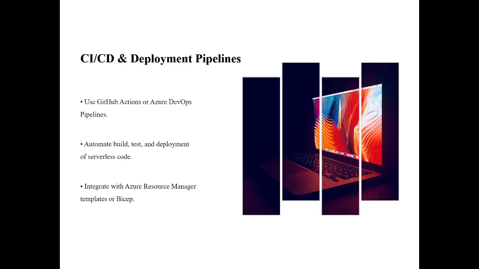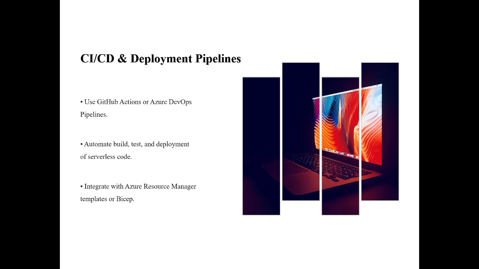Then I'll talk about the CI/CD deployment pipeline. Use GitHub Actions or Azure DevOps pipelines. A CI/CD pipeline is important for productivity and consistency. Also use GitHub Actions or Azure DevOps to automate the build, test, and deployment phases of the serverless code.